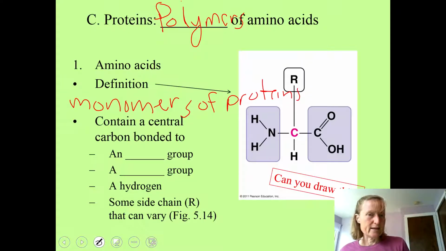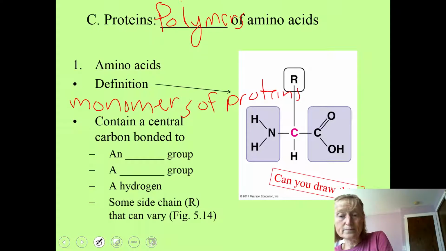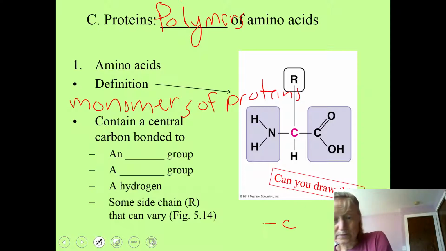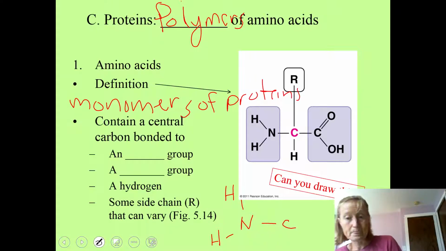What does an amino acid look like? Well, every single amino acid has a central carbon. Bonded to that central carbon is an amino group. We have to learn our functional groups, okay? An amino group.